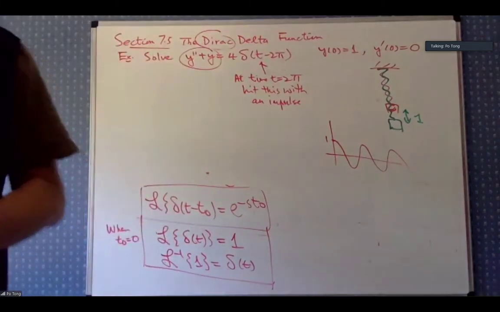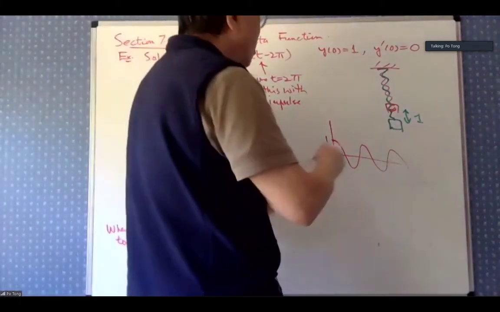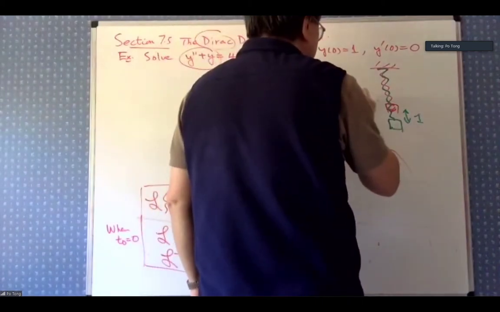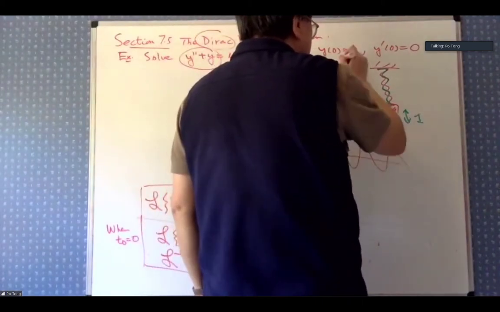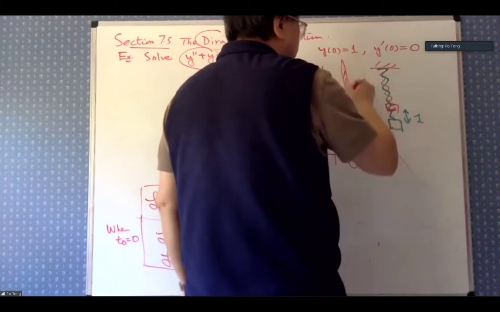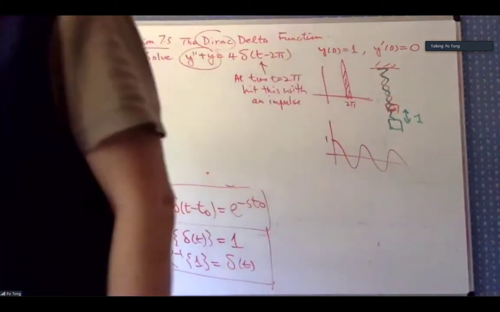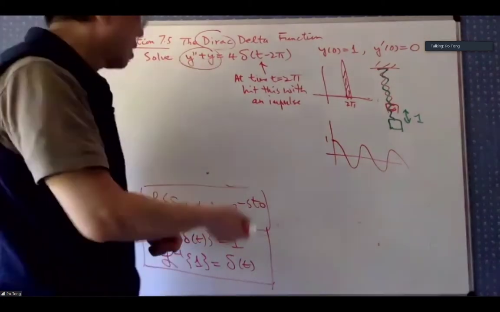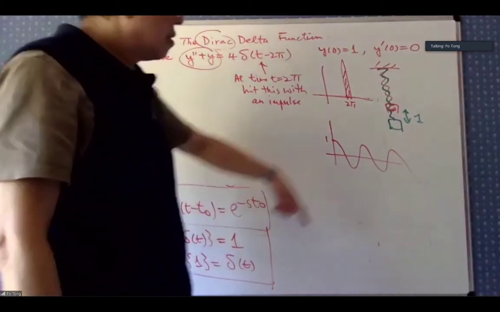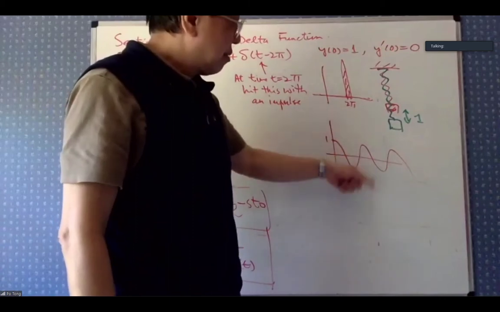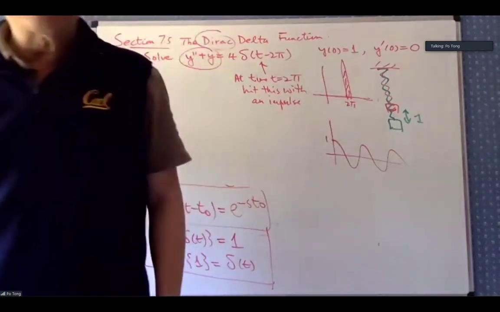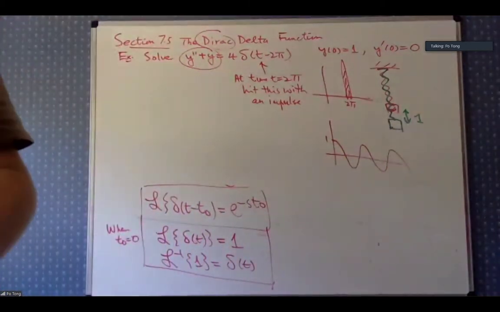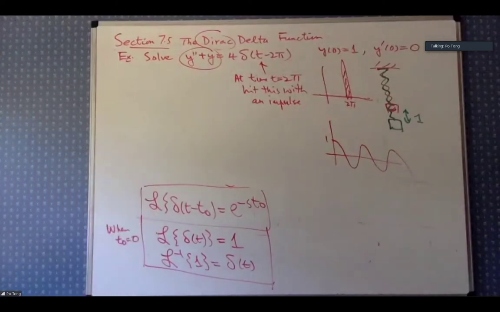That means the spike we talked about earlier, here at 2 pi, will have area 4 instead of area 1. Of course, when you hit it like that, it's going to change things around a little bit, because you suddenly jerk it by hitting it with a hammer.